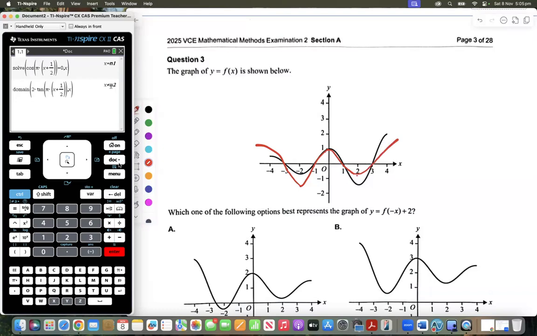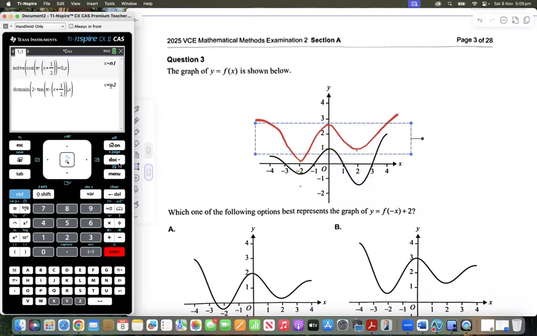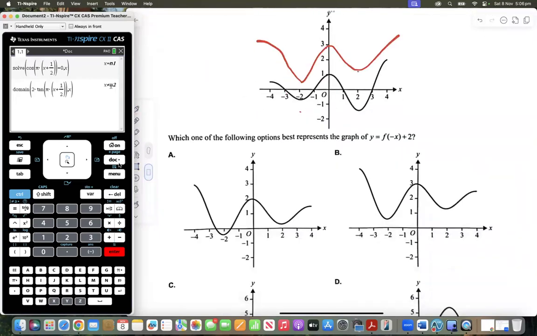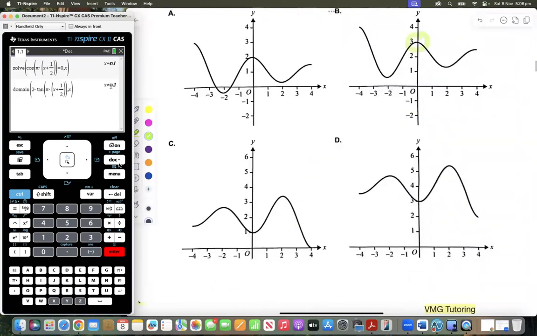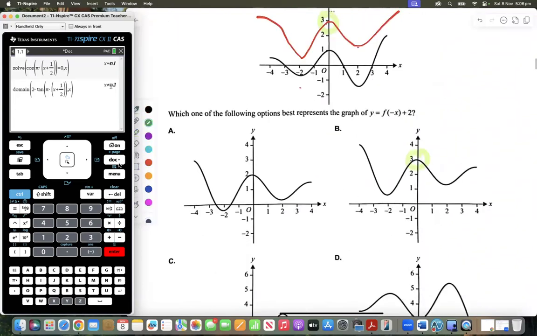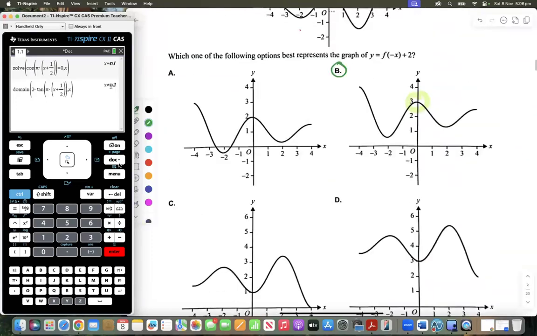Then this graph goes up by positive 2. The entire graph goes up by positive 2. I can very clearly see 3 here and 3 there. Only one answer is more suitable. Yeah, that's answer B.